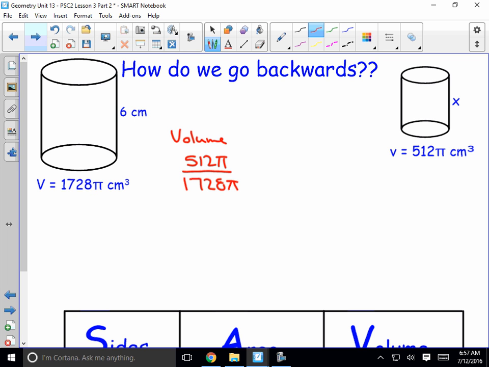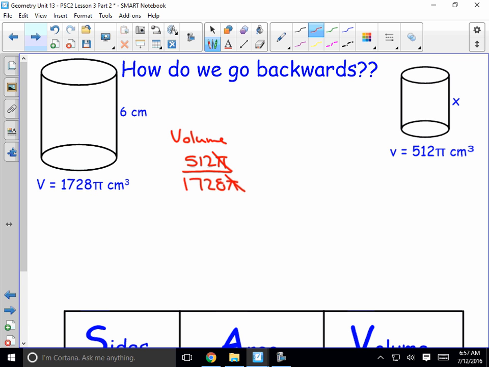Now, we can see that there's a pi on both levels, so we can cancel those out. And now, the simplest way to get the exact volume ratio, because I can see this one is both a multiple, I can divide both of those by at least 2, if nothing else.